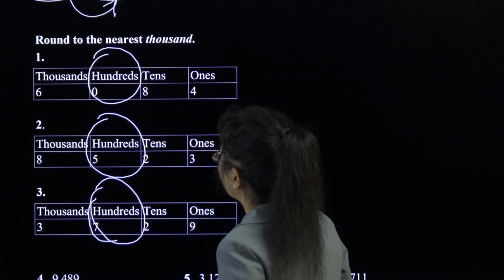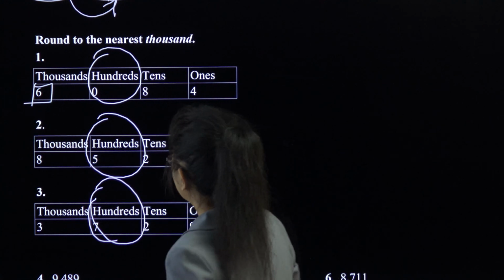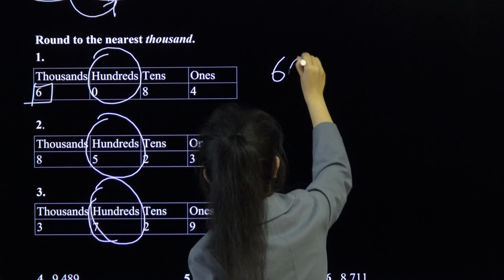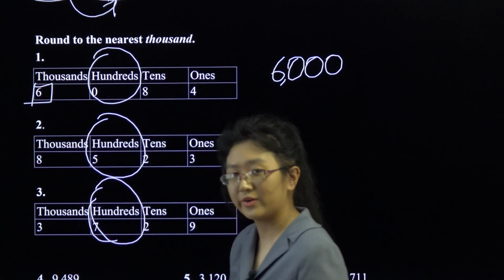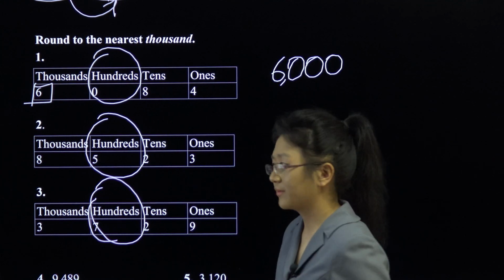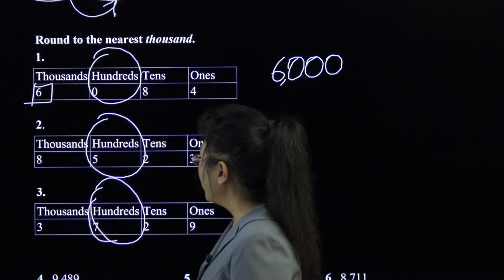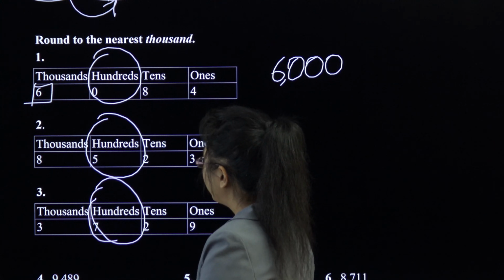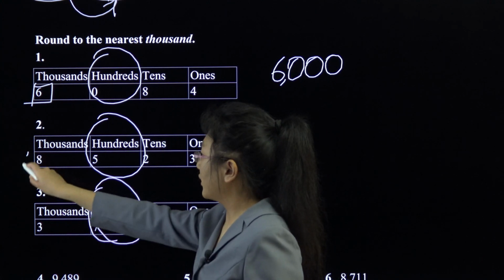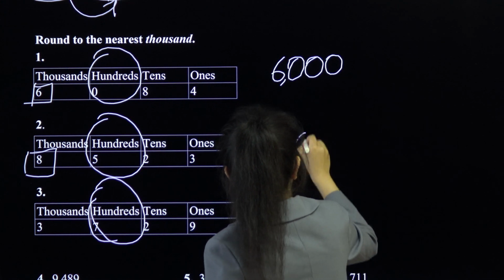We're going to round down, which means that we're just going to keep the value for the thousands and change everything to the right into 0. Question number 2, the hundreds place is a 5. For 5, you round up, which means that we're going to increase the thousands place by 1. And we get 9,000.